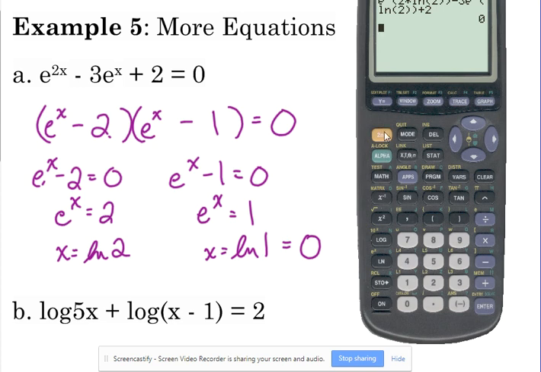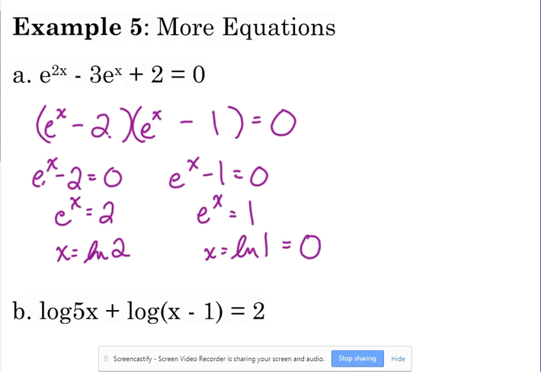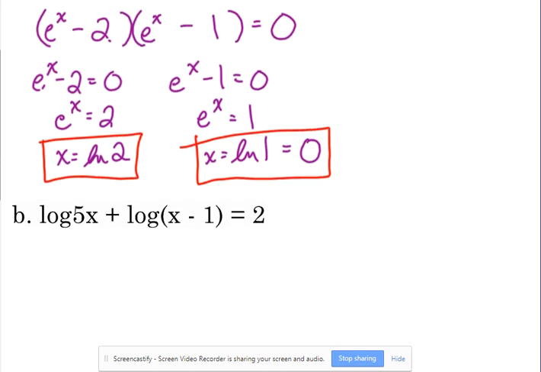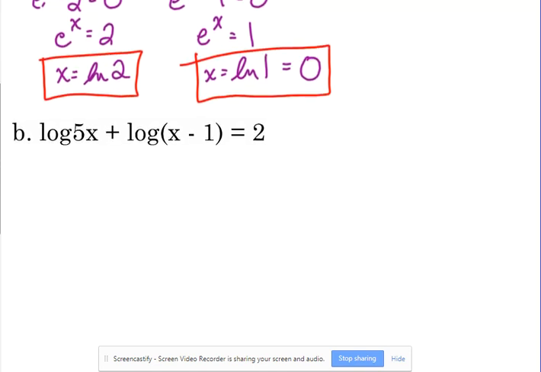Okay, and if we check 0 as well, e to the 2 times 0 minus 3 e to the 0 plus 2, it gives us 0 as well. Okay? So those are your two solutions. All right, so we can factor with e to the x. Who knew?